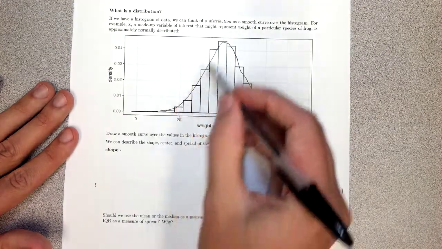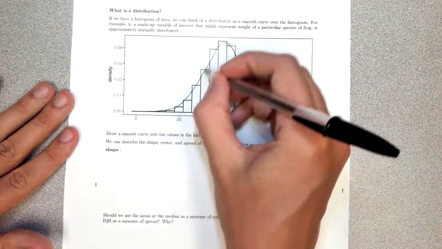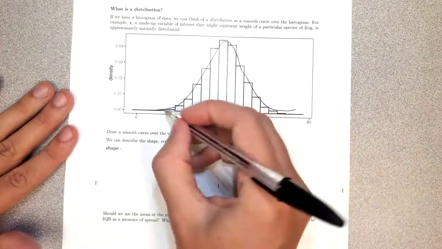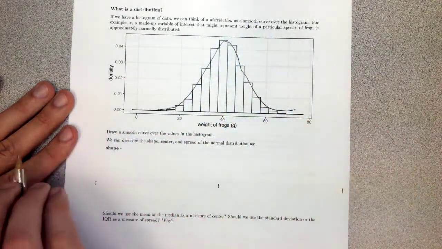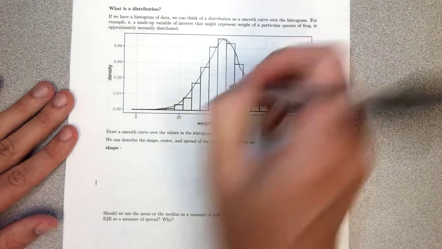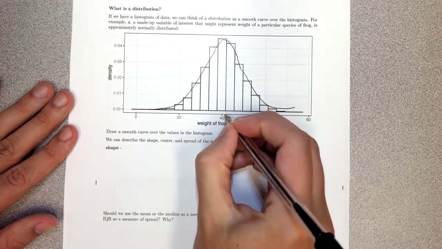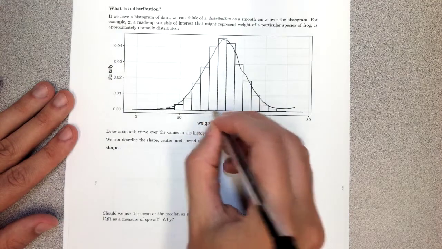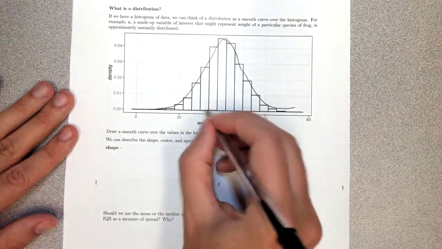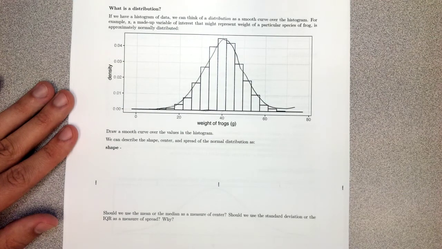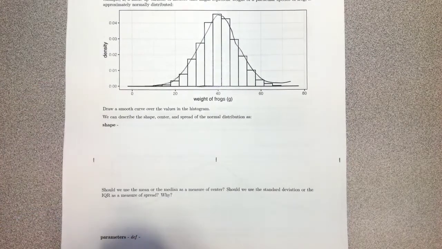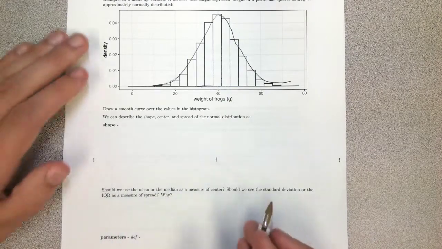So just like for a histogram, this smooth distribution curve is going to have a shape. This shape is symmetric. It's going to have a center at about 40, and it's going to have a standard deviation. I would guess that would be about 7 or 8-ish. So it's going to have a lot of the same characteristics that we talked about with histograms. Let's go through some of those a little bit more explicitly.